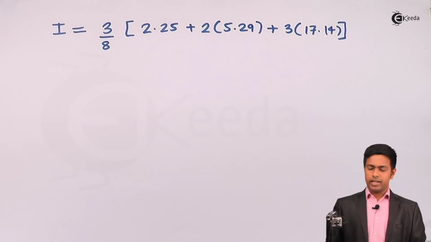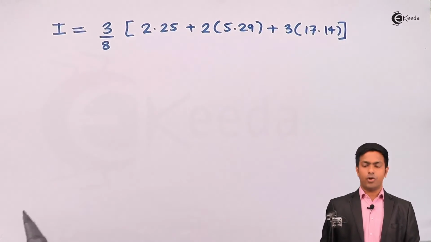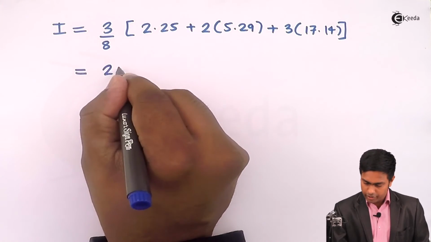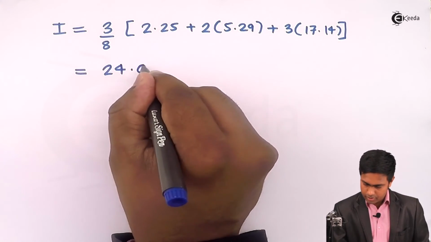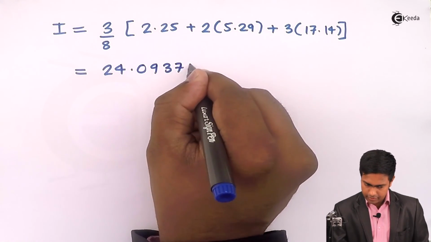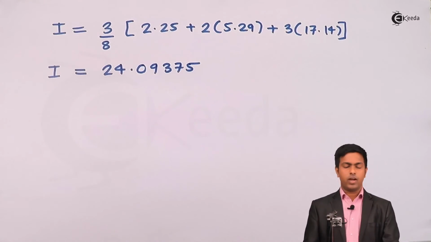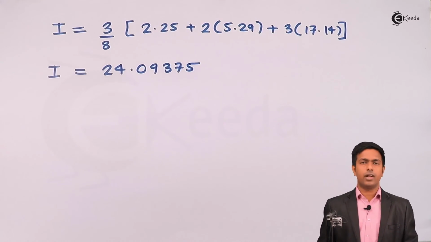Now to get the value of the integration, you have to put this expression in the calculator. By putting it, you will get the answer as 24.09375. You can evaluate this value through the calculator and verify it.